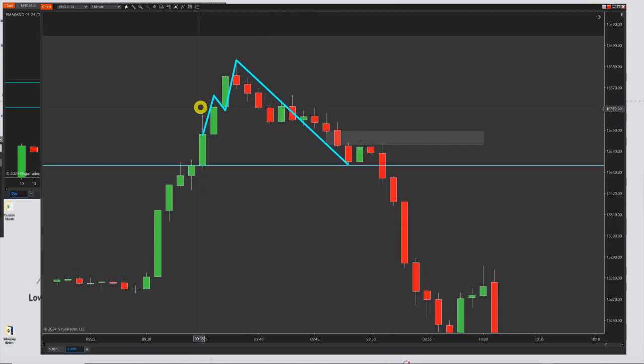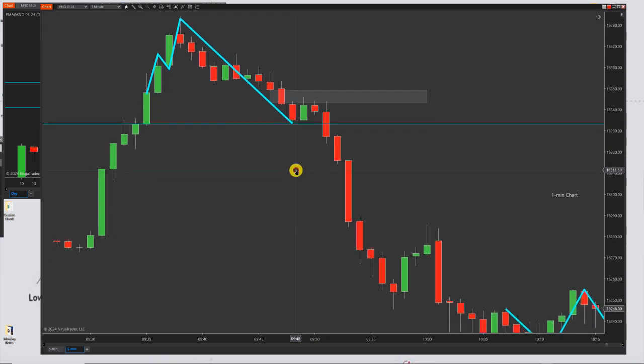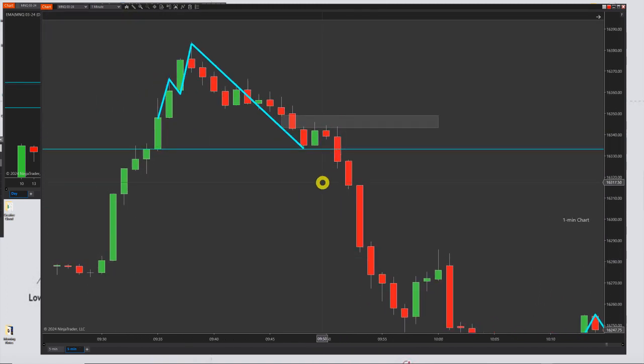So even if this is an ugly looking, deformed looking breaker block, it creates the fair value gap and gives us the sell signal down under the high of the previous day. And because it's in this location, and because it gives us the fair value gap, and because it does actually have the sweep of liquidity leg up and the break of structure leg down, creating the fair value gap, I think that it's worth taking a try.